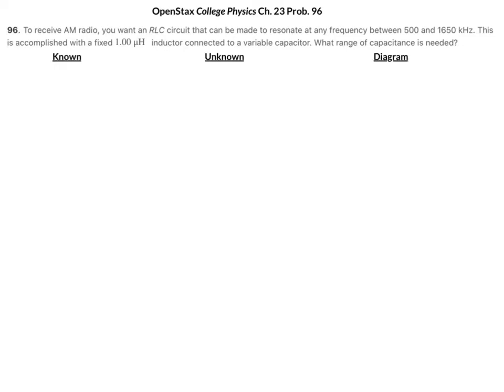So let's write down the things that we know and what we're looking for. We know that the range of frequency is between 500 kHz and 1650 kHz. Then we know that the inductance is 1 microhenry, and we're looking for the capacitance range.